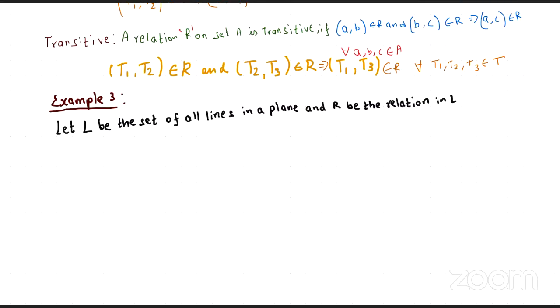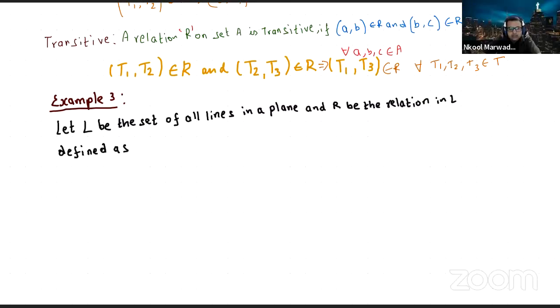The property is defined as: capital R, which is the relation, will contain only those ordered pairs such that those two lines are perpendicular to each other, L1 is perpendicular to L2.